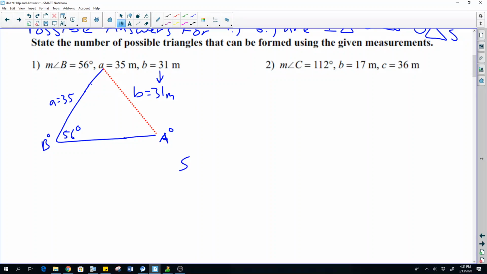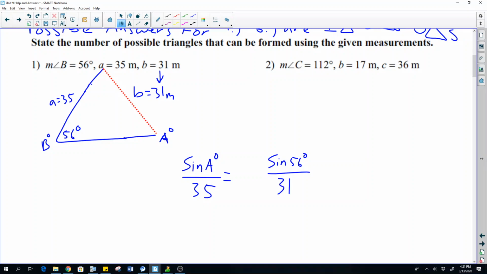We're trying to find the angle, so we'll do sine of angle A over little a, 35, because 35 might be too big, we'll see, is equal to sine of 56 degrees all over its opposite side, 31.